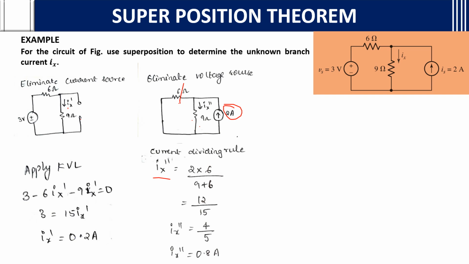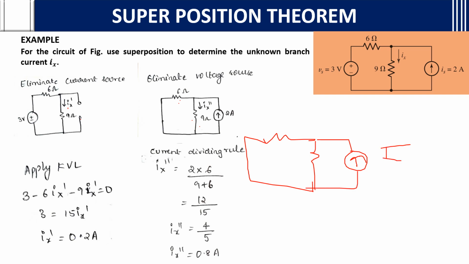Once again I will repeat the current dividing rule. I will show it with another example. If there is a current source like this, and this is the whole current, and this is R1 and this is R2, and you want the current through R1, what will we do? The current through R1, I R1, is equal to I total, the total current, into the opposite resistance.